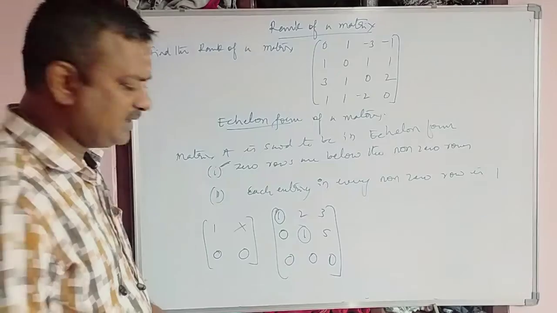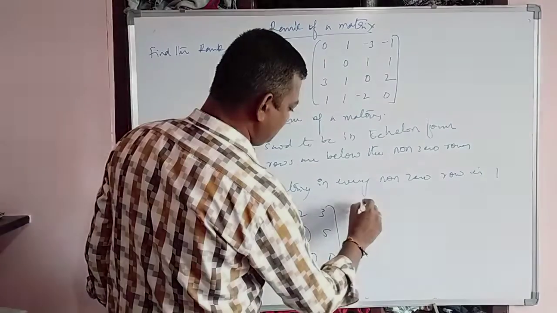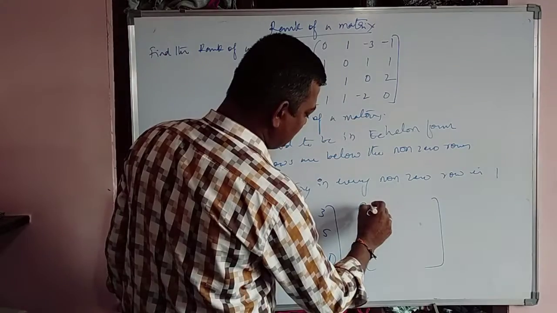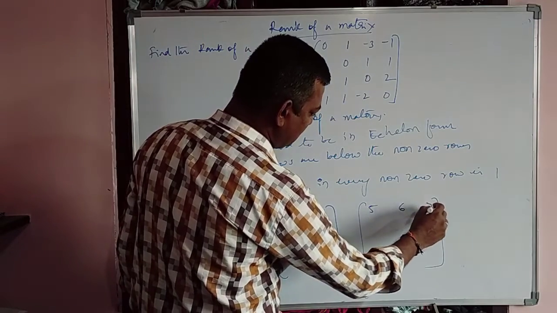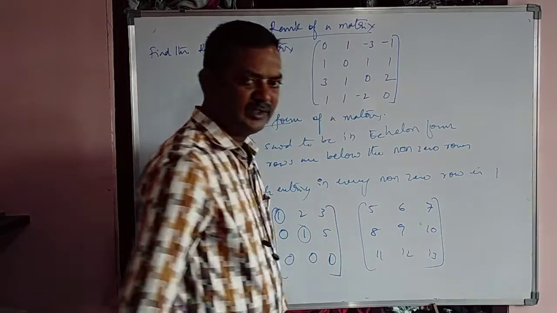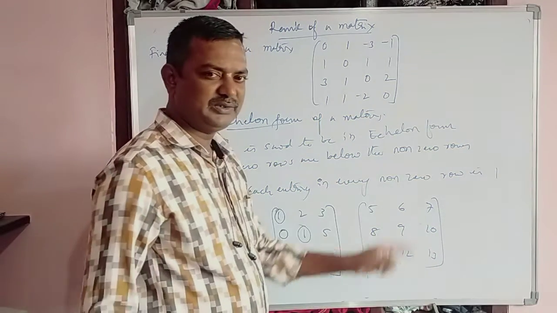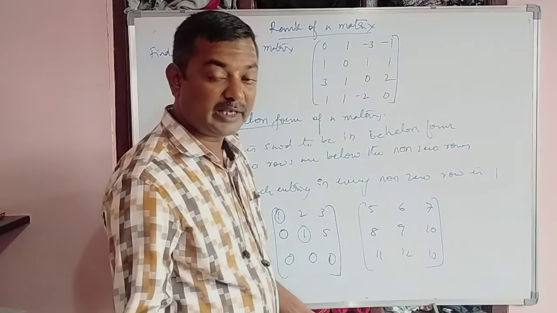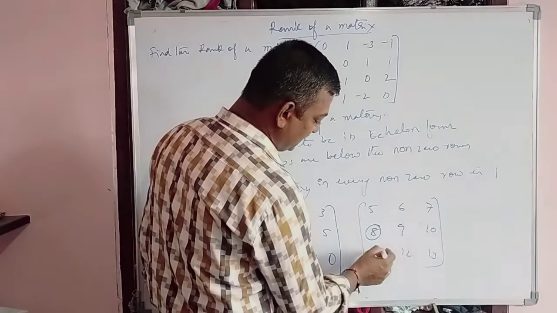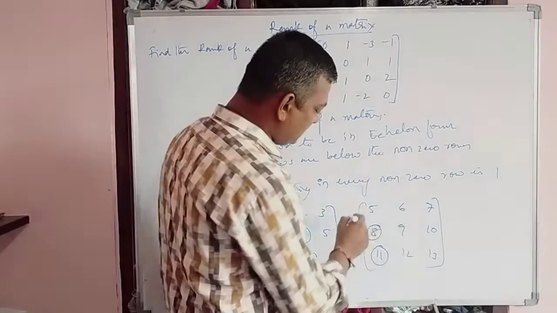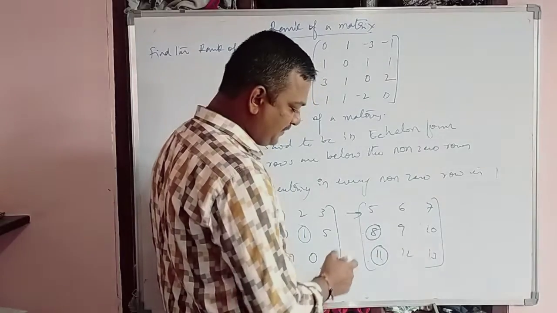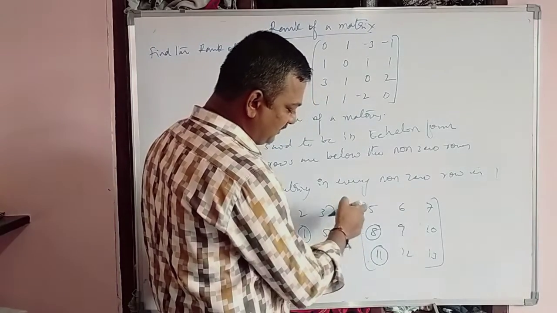Otherwise, how do you remember this one is very simple. You may have a 3 cross 3 matrix, for example, I will write 5, 6, 7, 8, 9, 10, 11, 12, 13. So you need to reduce this matrix into echelon form of a matrix. What you need to do, you have to make these elements 0 by using the first row, because these are in the second and third row. So you can make these two elements 0 with the help of R1.